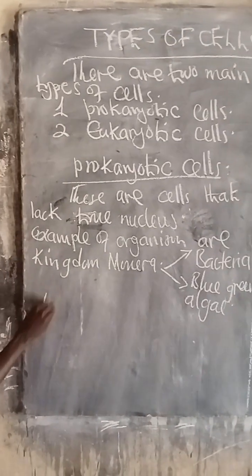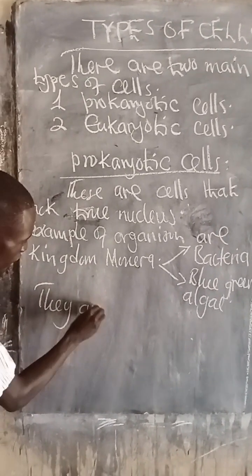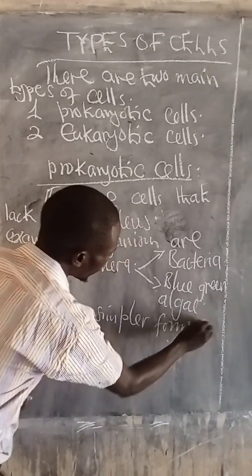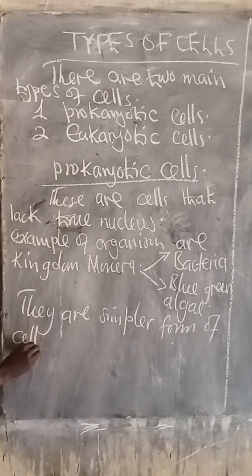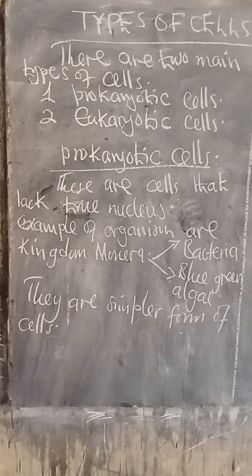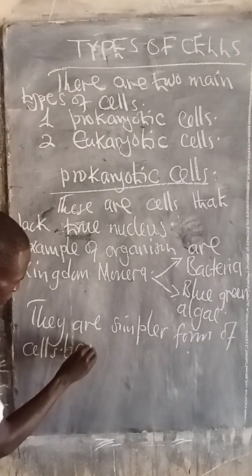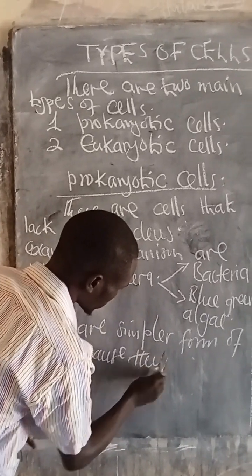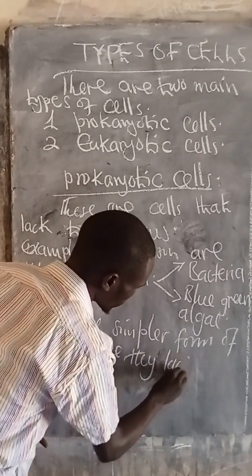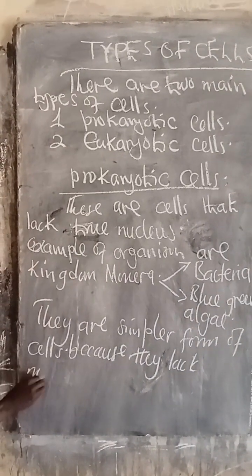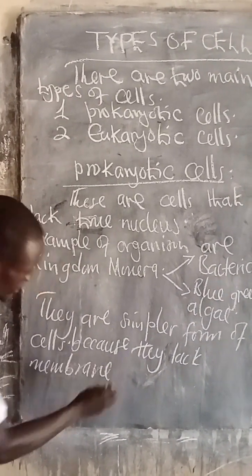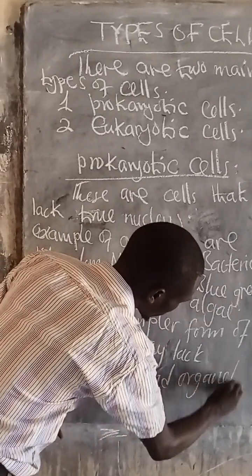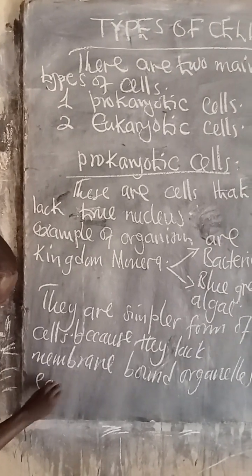They are simpler forms of cells. Why? Because they lack membrane-bound organelles, e.g., mitochondria.